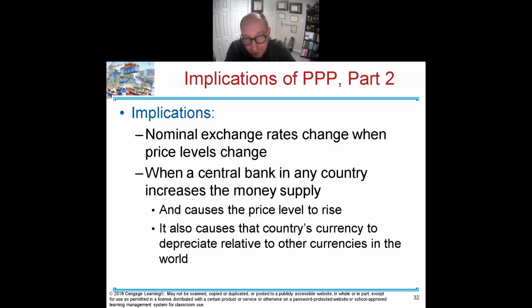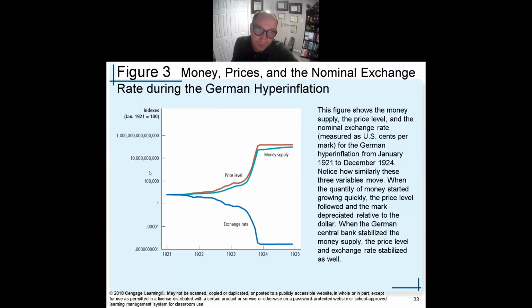If a central bank in one country increases its money supply, you already know what happens when that happens, right? The value of the currency goes down. More supply, lower the value. Yeah, that's what we experience through the concept of inflation that we talked about last week. So, inflation.